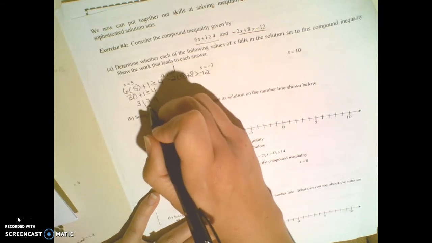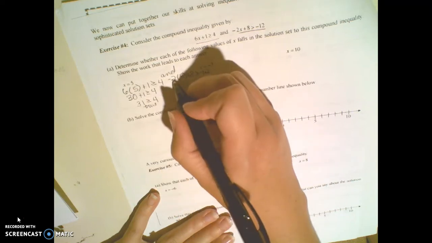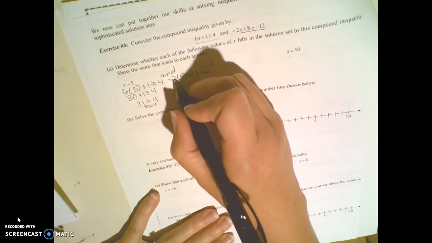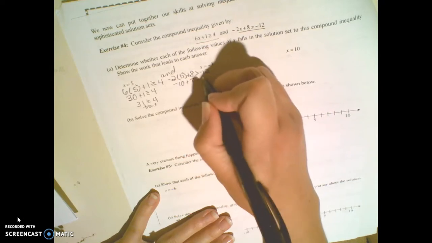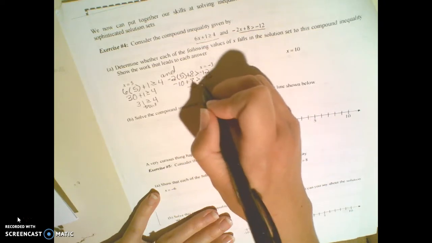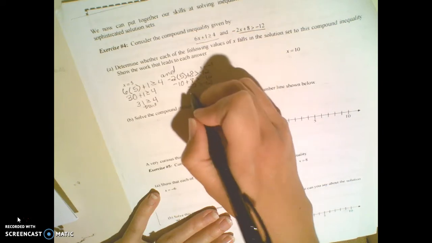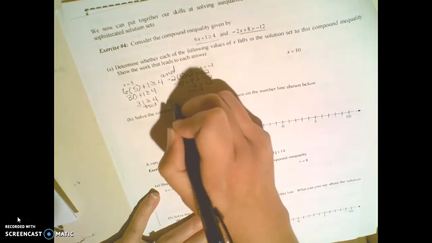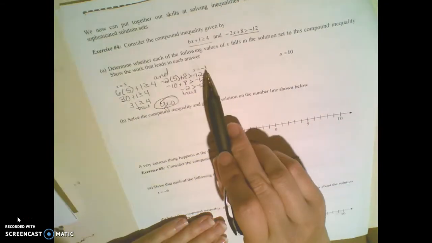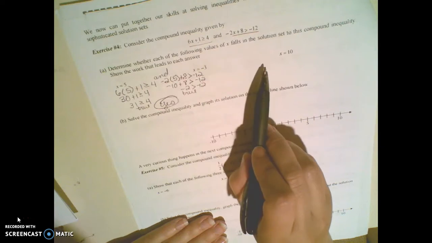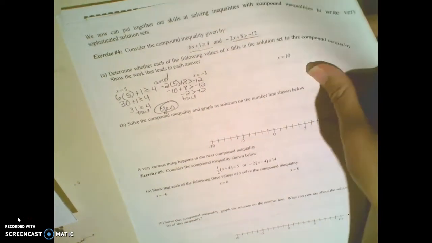So this part is true. And then this one, we've got -2 times 5 is -10 plus 8 greater than -12. -2 is greater than -12, so this part is true. So yes, 5 is in the solution set to that one. Okay, you try the next ones, -3 and 10, and unpause it when you come back.